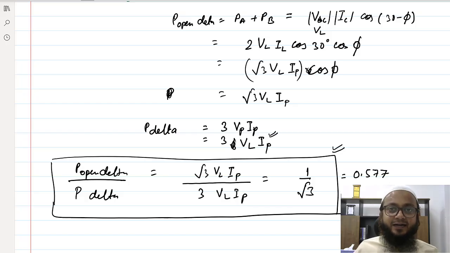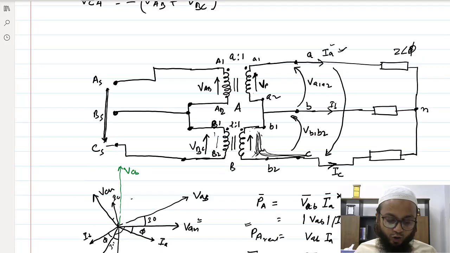We were expecting that the power sharing would be 66%, because one transformer we have removed, but this is not the case. In the open delta connection, we would be operating at 57% of what we would get if we had used all 3 transformers as a delta connection. Okay, so this was the case for open delta connection.